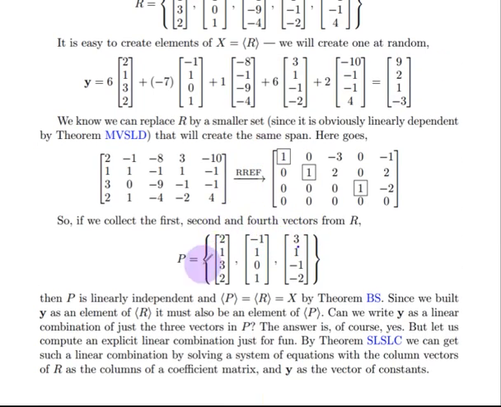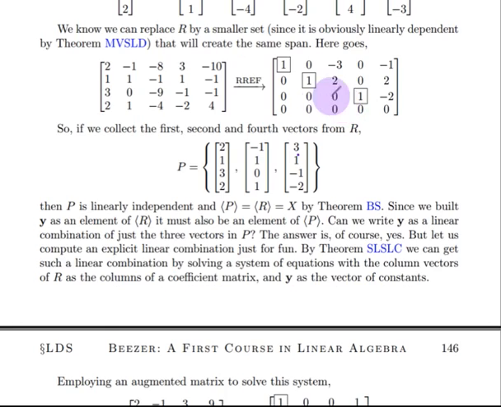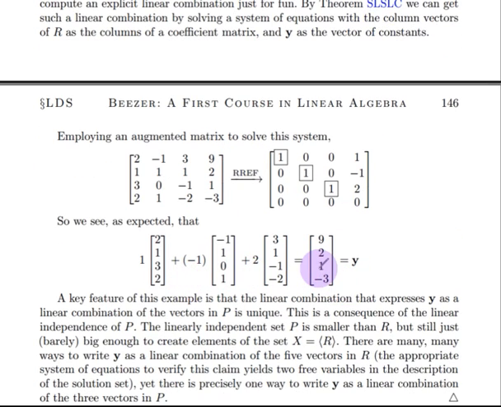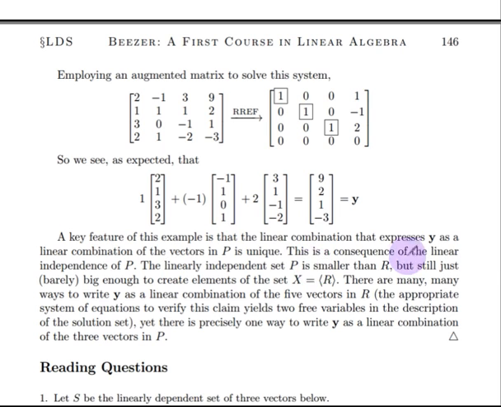Well, you take the augmented matrix consisting of these columns and this constant column. You form that matrix, you row reduce, you get a solution. If I set the free variable equal to 1, that will give me these coefficients, 1, -1, and 2.